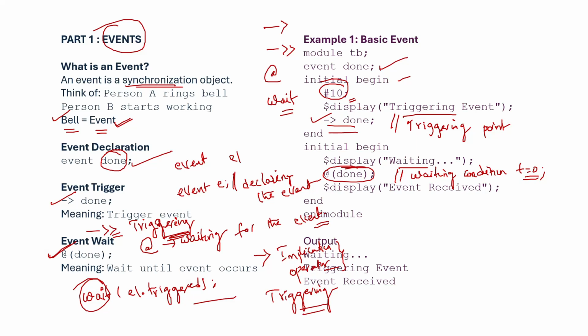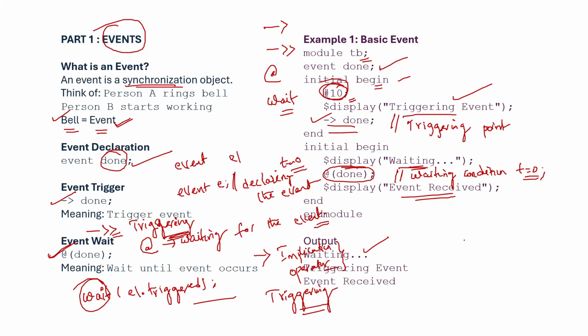Now here, what output are we expecting? I have module TB, event done, initial begin. So at #10 the triggering event happens. Here at t equal to 0, I am waiting. So this "waiting" is the output at the display side. After that, I need to get the output "event received".